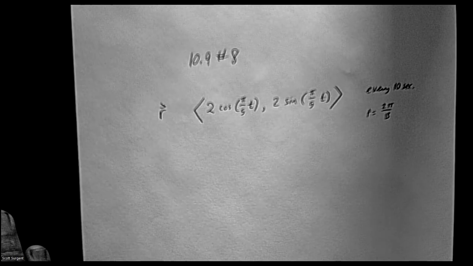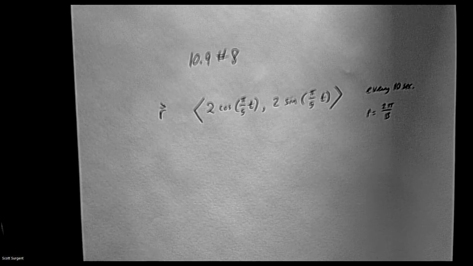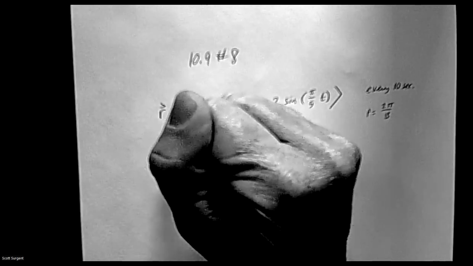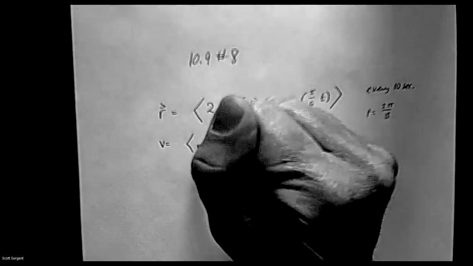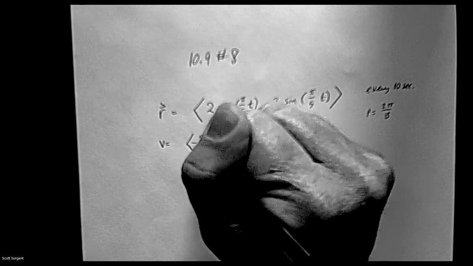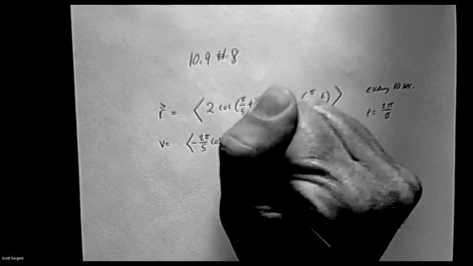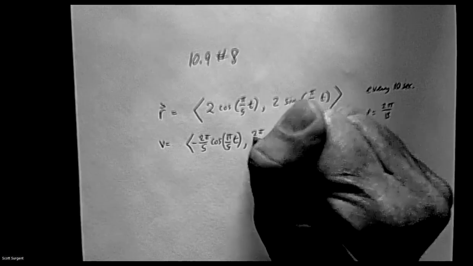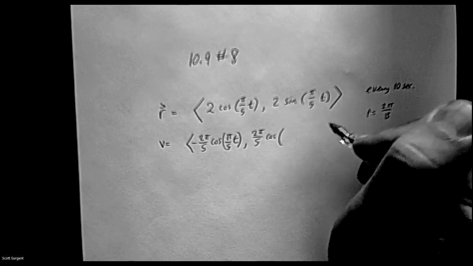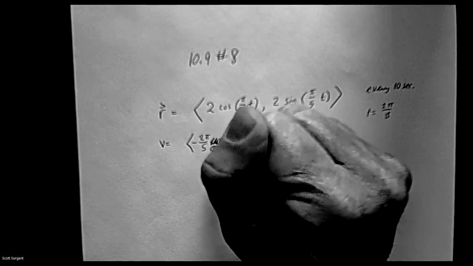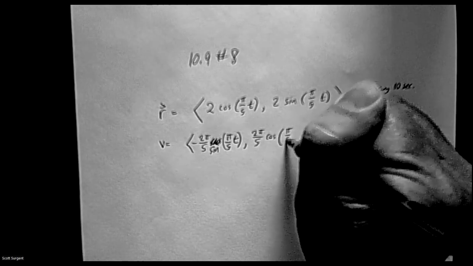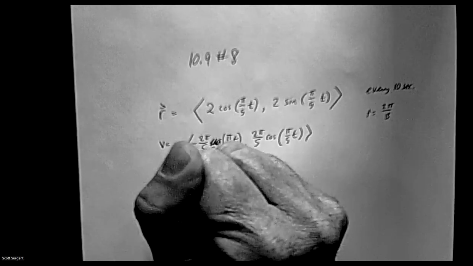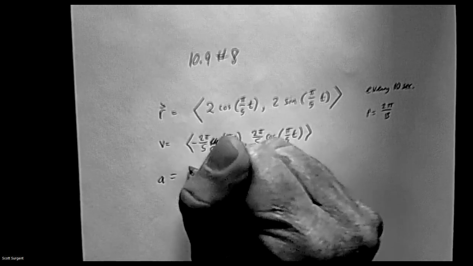The magnitude of the force. Well, actually, that's your position function. We need to take some derivatives. So the velocity would be negative 2 pi fifths sine pi fifths t in the first component, and 2 pi fifths cos pi fifths t in the second. Oh, my bad, that's a sine here. And then the acceleration would be the derivative of that.